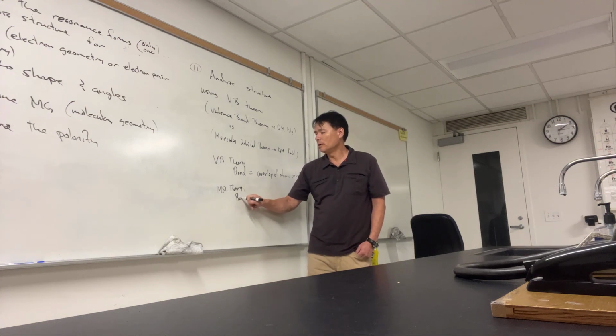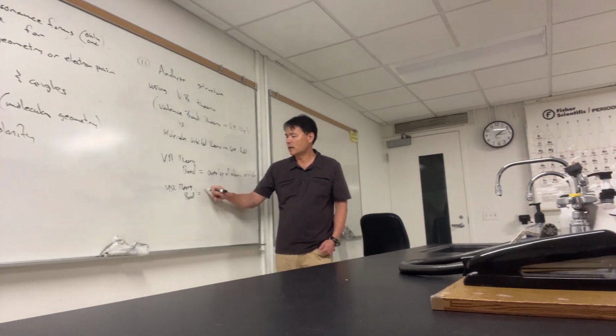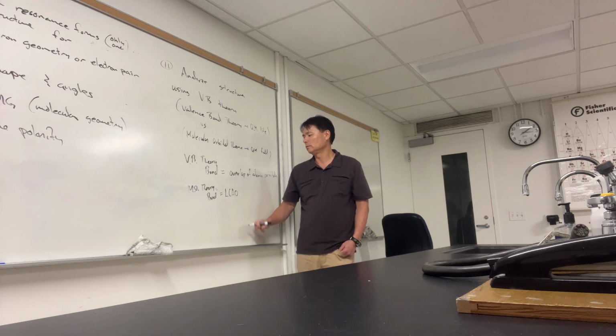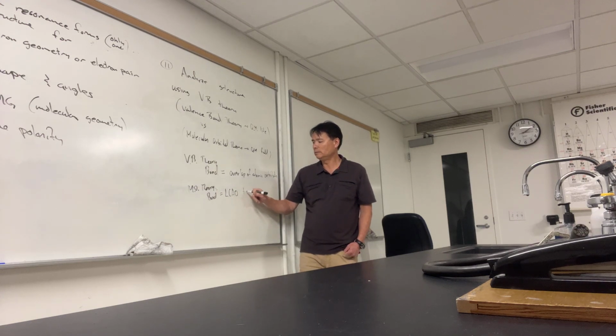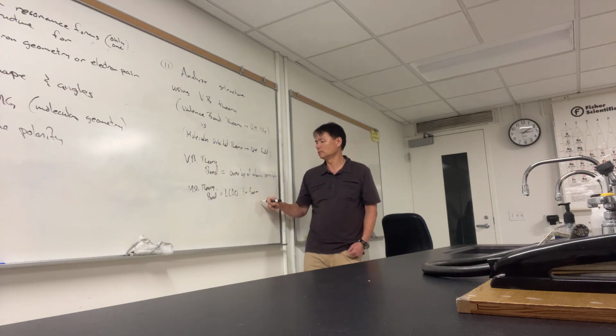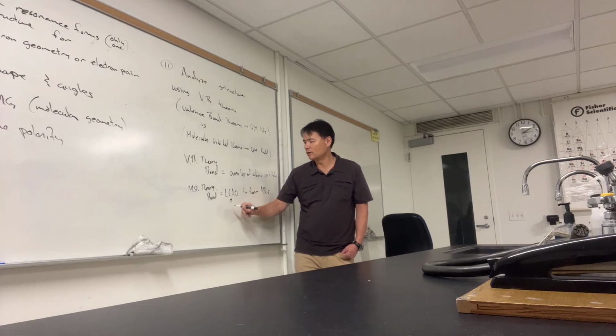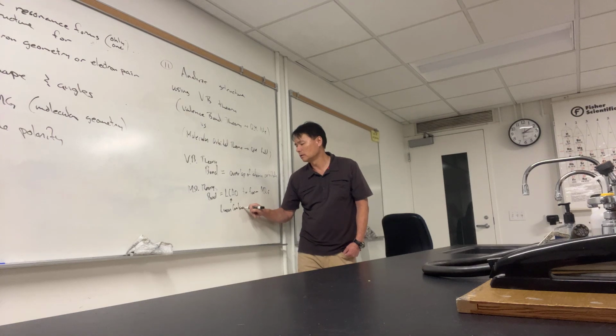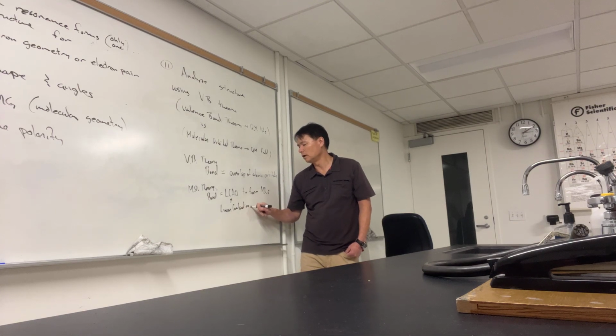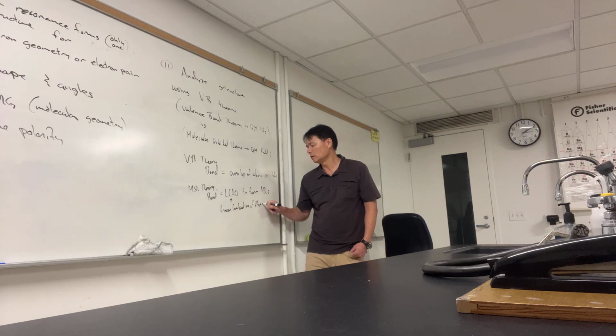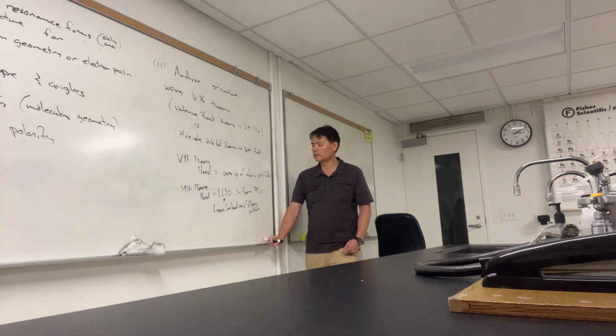A bond in MO theory is described as LCAO to form new orbitals called molecular orbitals, MOs. LCAO stands for linear combination of atomic orbitals. Linear combination of atomic orbitals.